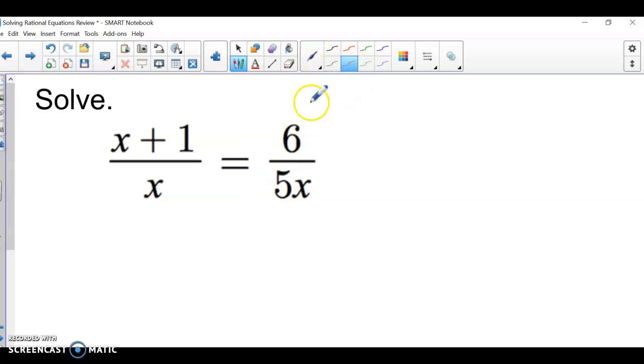Now we have a problem here where we have one fraction equal to one fraction. And remember we said that we could solve this one easily. I'm first going to identify my common denominator, which is 5x. Then I'm going to also identify my excluded value(s).